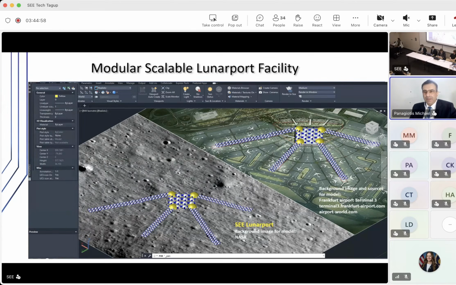Based on the Terminal 3 architecture, we have developed a modular architecture for the habitat demonstration units on the Moon, which we have named Lunar Port. It's an airport-like infrastructure which can host both the cardiac intensive care unit and the high-performance computing infrastructure.